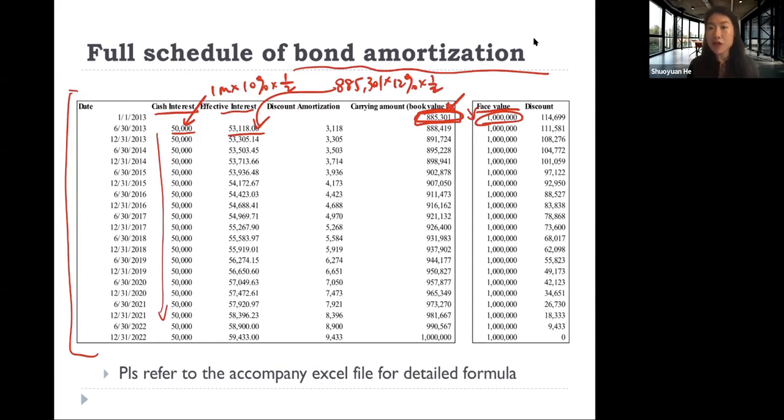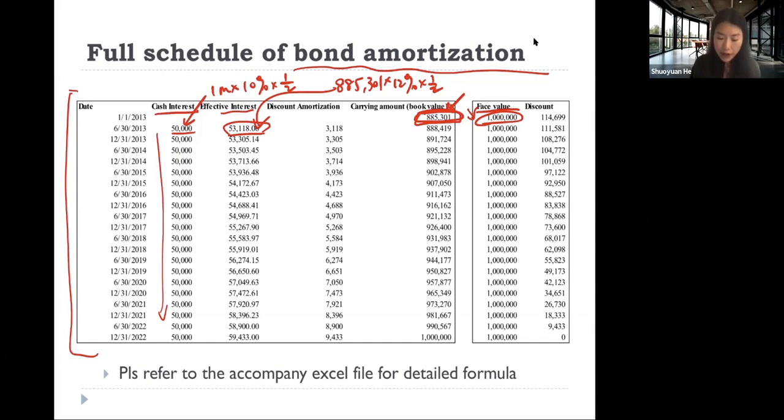That is the fraction of the year, and you are going to get 83,118.06. So that is your first effective interest.